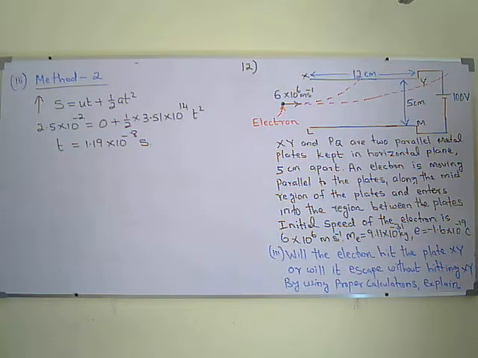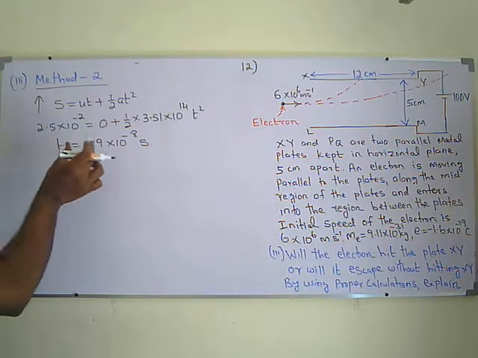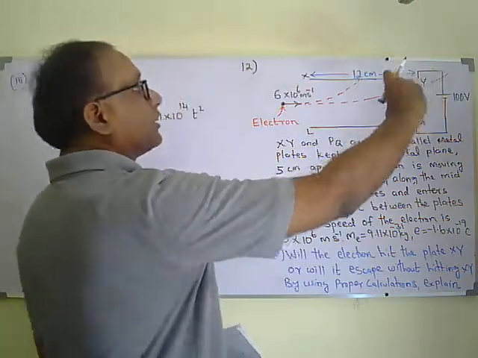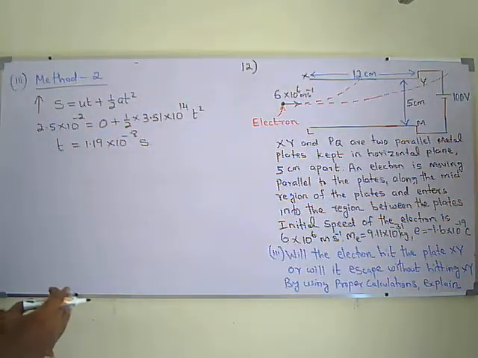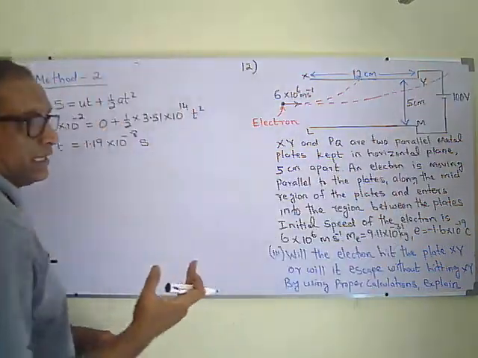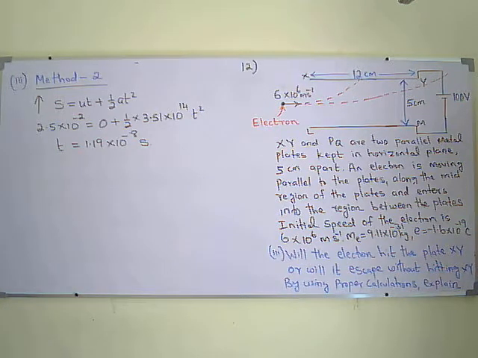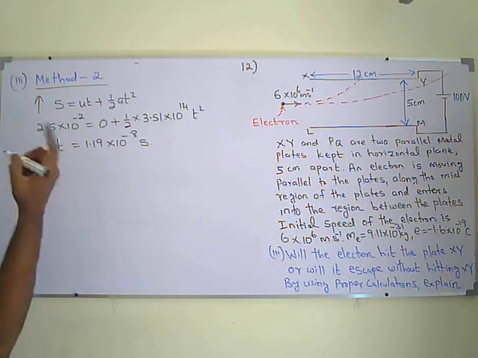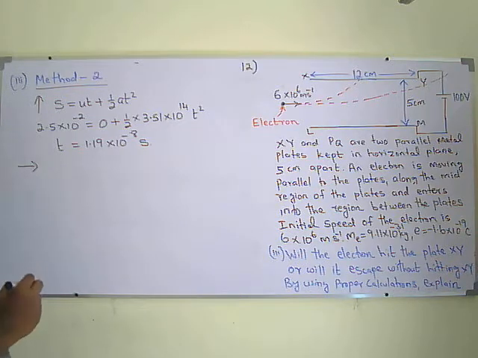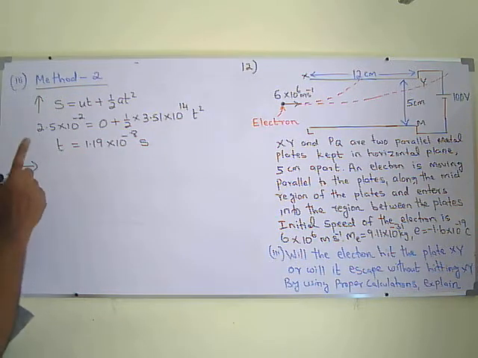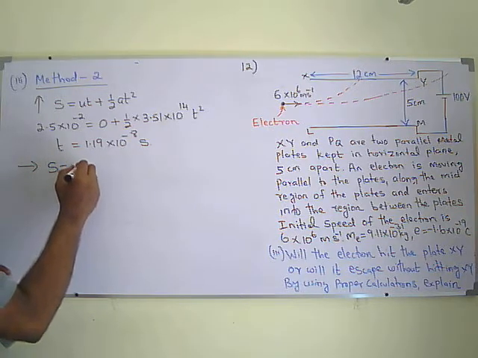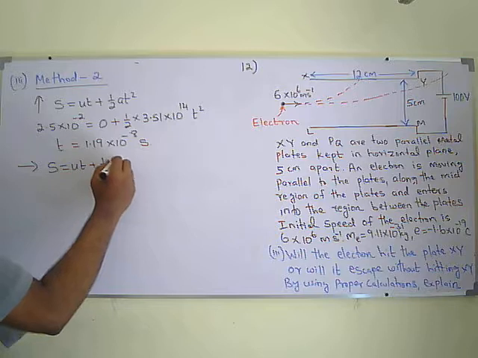Okay. Now I can find, during this time, what will be its displacement in the horizontal direction? If that displacement is more than 12 centimeter, that means it has escaped. Otherwise, if it is less than 12, it's going to hit the plate. So first method I proved it's going to hit the plate. Now this is the second method. I'm going to find the horizontal displacement during this time by using S equal ut plus half at squared.